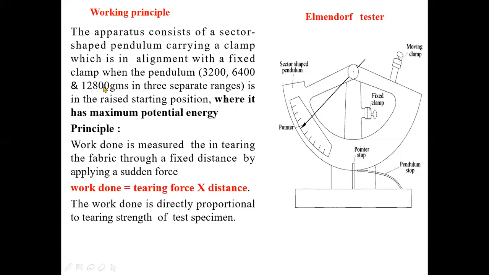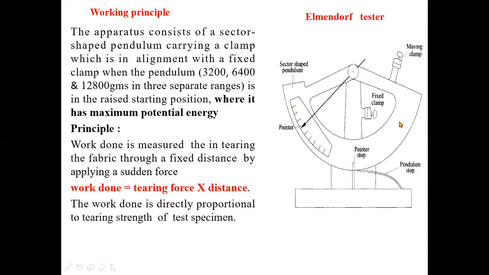Okay, so again I am discussing the working principle of the element of tear tester. Work done is basically measured in the tearing of the fabric through a fixed distance by applying a sudden force. Because of this sudden force, as I have told you, it is known as the ballistic tester, because we apply a sudden force by using a huge amount of weight, that is the weight of this pendulum.